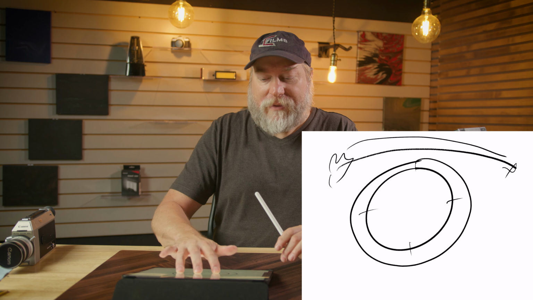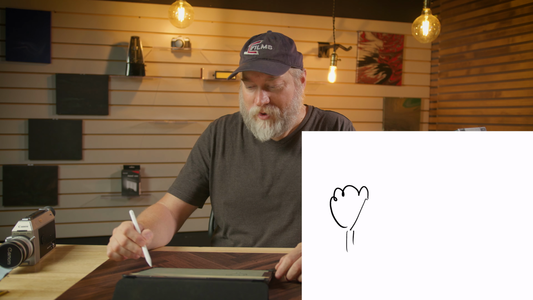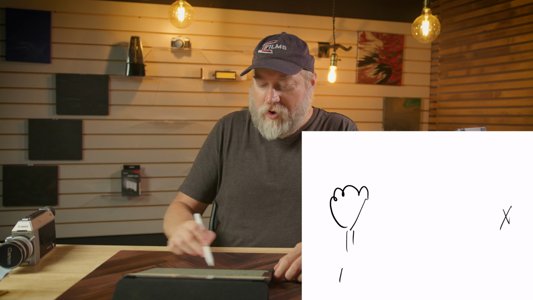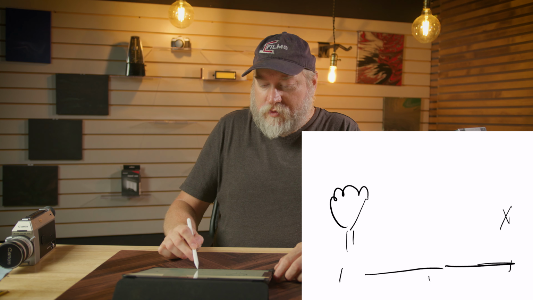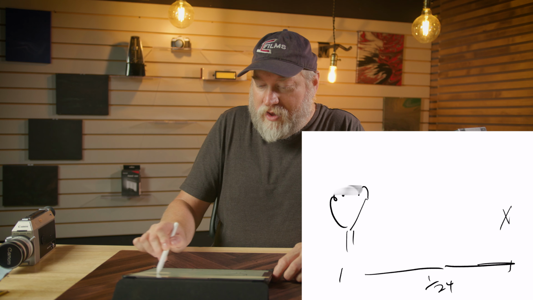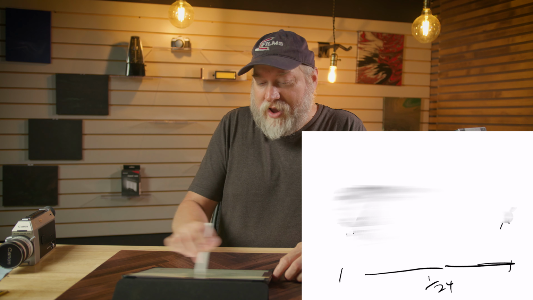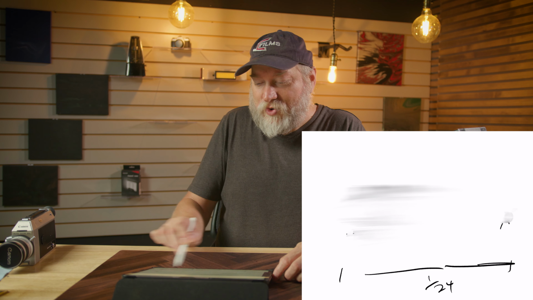Now, what that means is if we're moving the hand here over 1/24 of a second, then we're going to have this motion blur like this. 360 degrees creates one hell of a long motion blur.